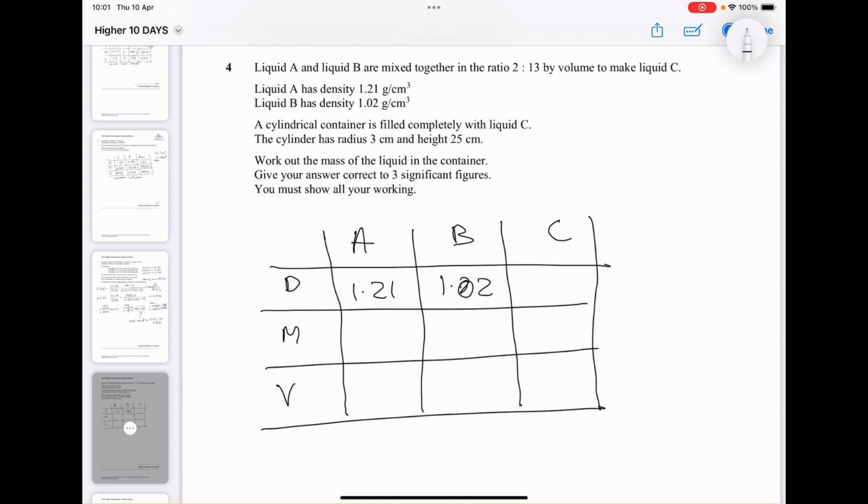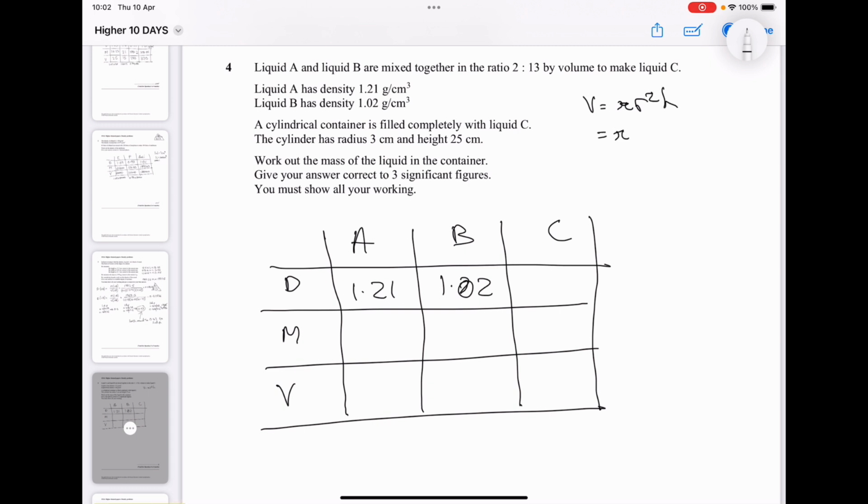So a cylindrical container is filled completely with liquid C. The cylinder has radius 3 centimetres and height 25 centimetres. So what I need then is to find the volume, first of all, of C. Volume of a cylinder is pi r squared, which is the circle, times by the height.